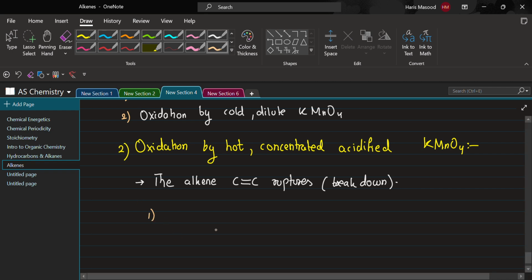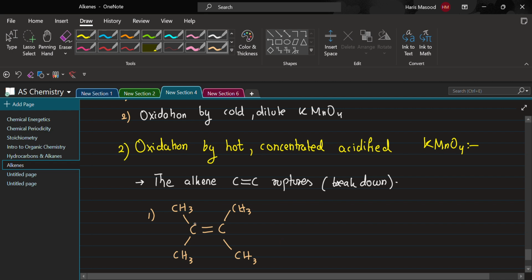So first scenario, if you have a carbon double bond, and for each carbon you just have to see how many hydrogens are attached to that carbon. This time I'm not attaching any hydrogen to both carbons. So both have alkyl chains on both sides.